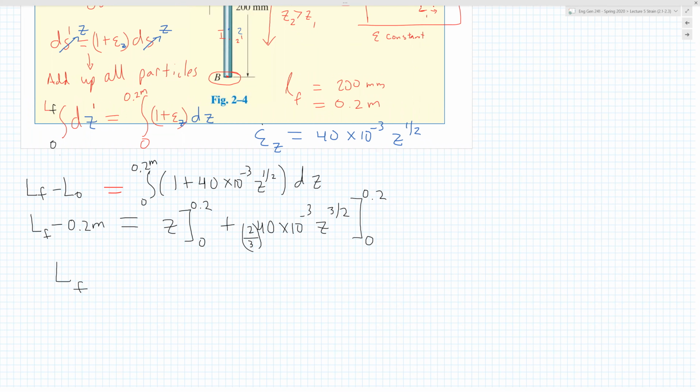So dz prime, remember how we said dz prime is like our final length. But what we're doing here is integrating every single little particle, because every single little particle has a final length. And if you add up every single final length of the particle, you add up the whole length of the bar.